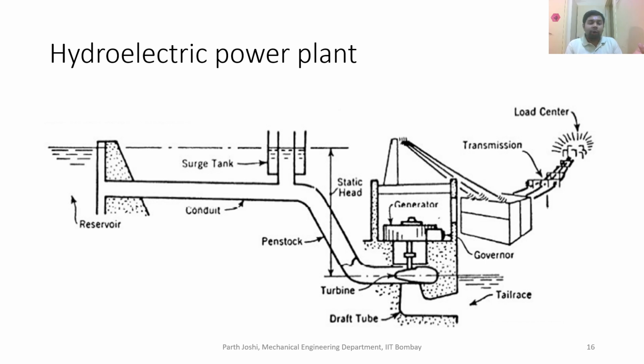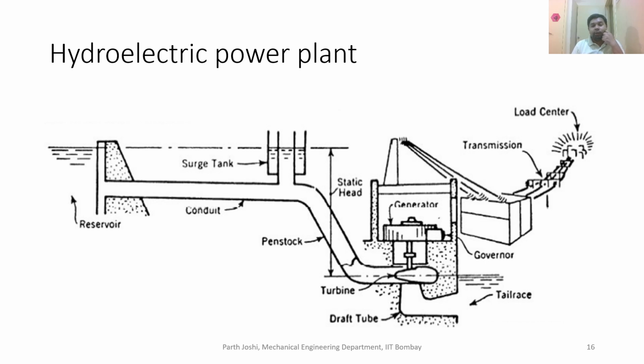A hydroelectric power plant starts with a water reservoir, and then we have a turbine which is able to generate electricity by converting mechanical energy into electrical energy.